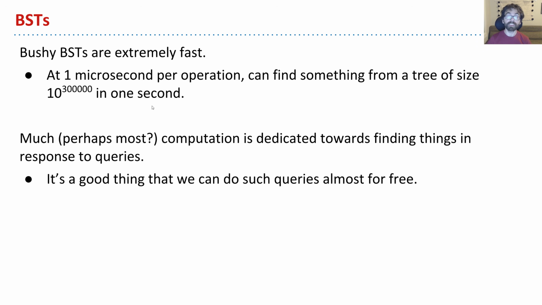So it's a good thing that we can do search queries almost for free. Now, this is arguable, especially in the modern era of machine learning, where there's quite a lot of computation resources dedicated towards training machine learning algorithms. But I still think it's fair to say that search is a major problem. And so binary search trees excel at it, which is a cause to celebrate. That's the search operation, and we'll see the next two operations in the next two videos.